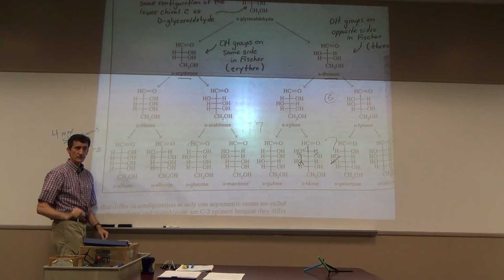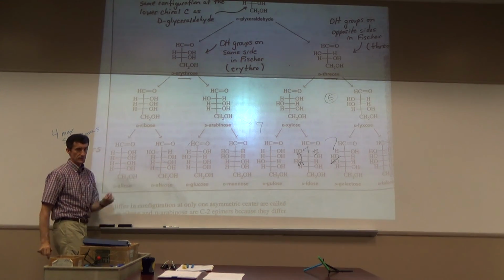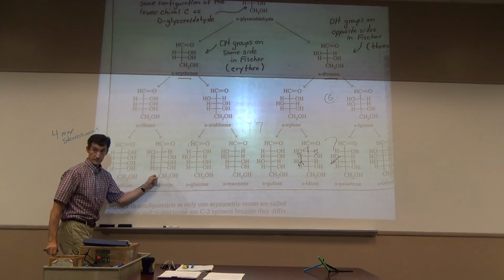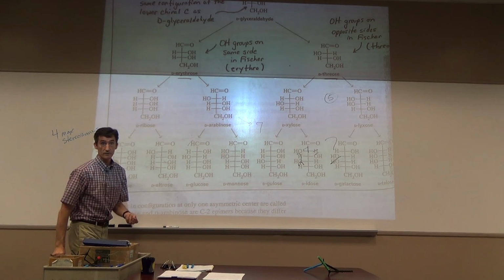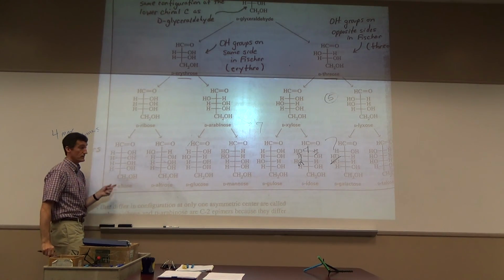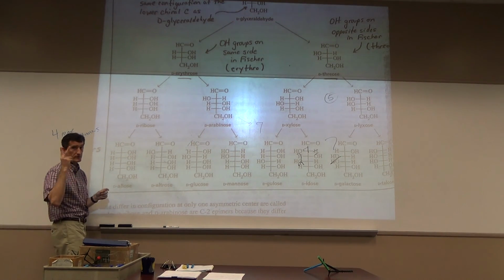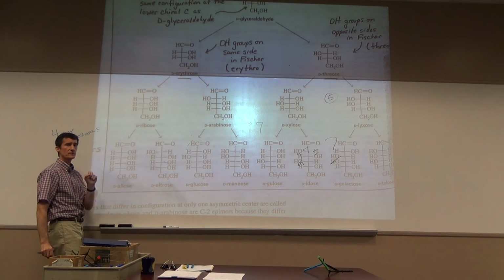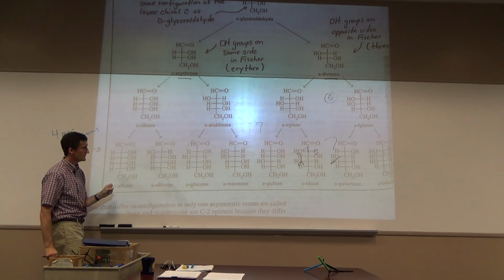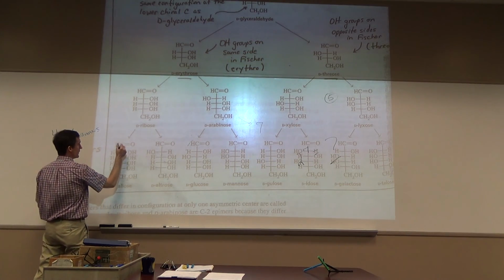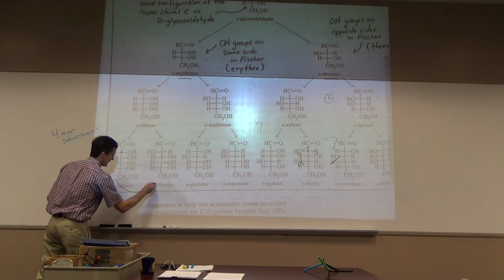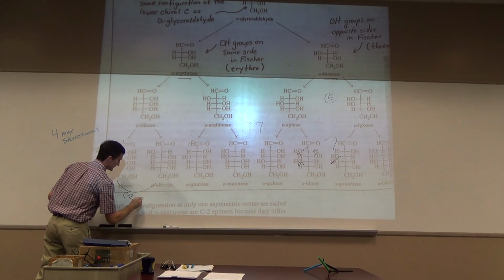Since only one has been changed, what's the relationship? These are epimers. But they're also diastereomers, because there's only 2 types. Okay, an epimer is just a special type of diastereomer. Since this is called the C2, these are called C2 epimers.